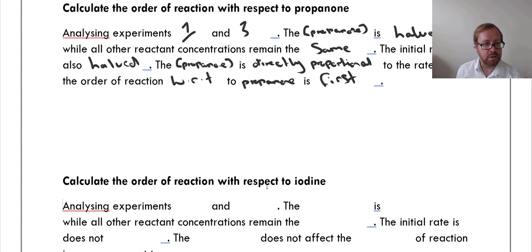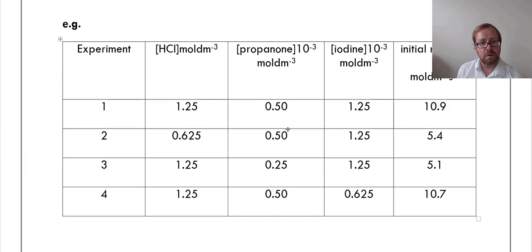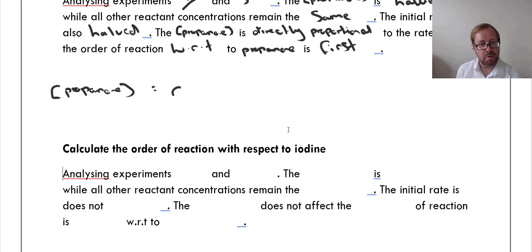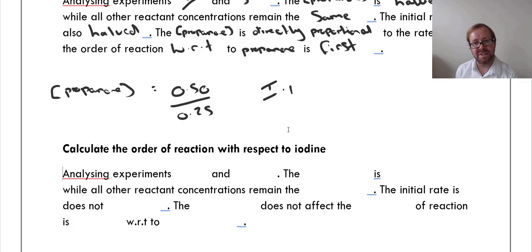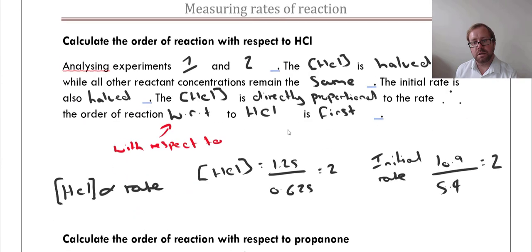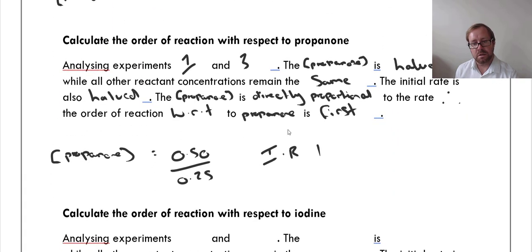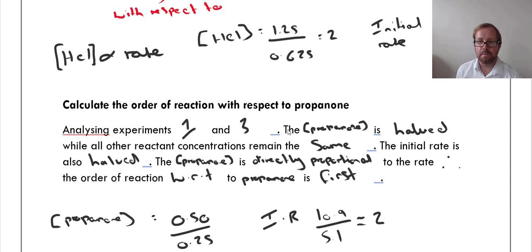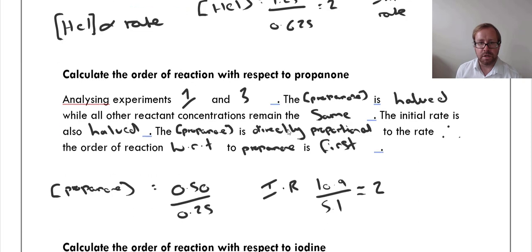So my concentration of propanone goes from 0.5 to 0.25, and I'm just going to write initial rate. The abbreviations go from 10.9 to 5.1, which is about 2. Okay. Right, so moving on.